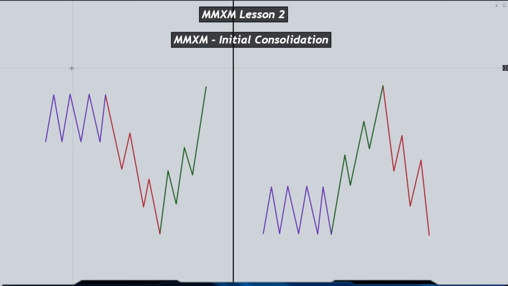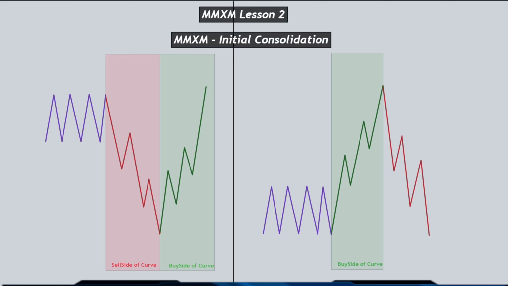Along with that, if there is any higher time frame point of interest or a nearby liquidity level sitting around that area, the market will go check that liquidity as well, or go to that higher time frame point of interest. Same thing with the market maker sell model, which is consolidation, then the first move or buy side curve, and the other side will have the sell side of the curve.